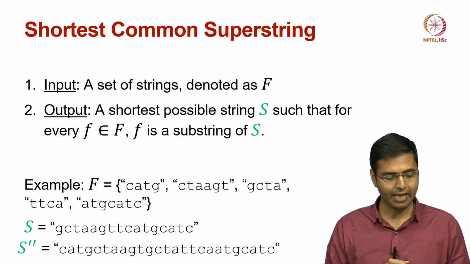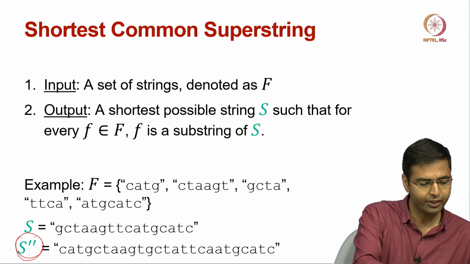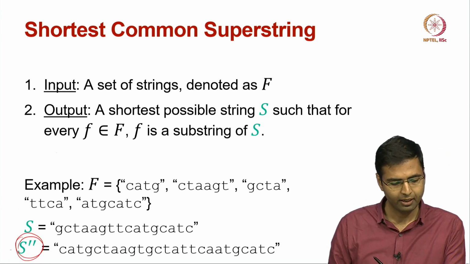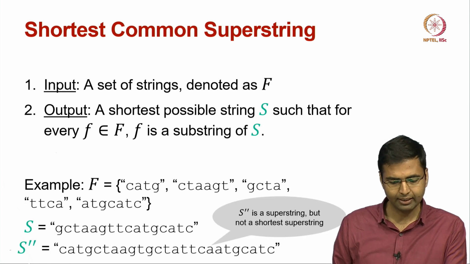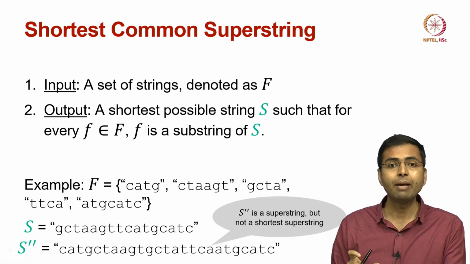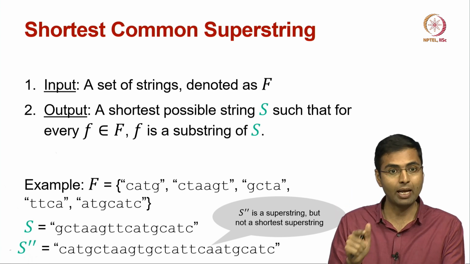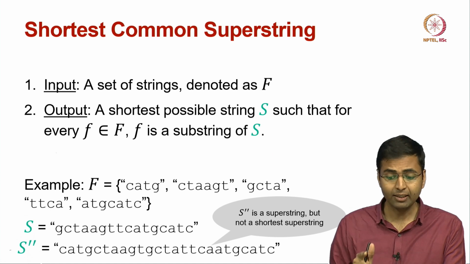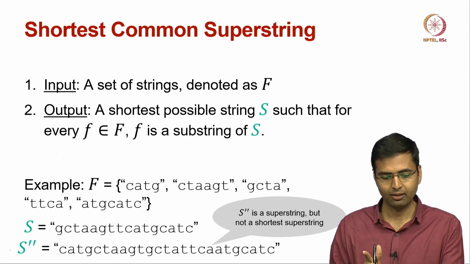We can think of another example, let us say s double prime. Observe that in this case s double prime is a superstring, meaning that every string in f is a substring of s double prime as well, but s double prime is not the shortest possible superstring.